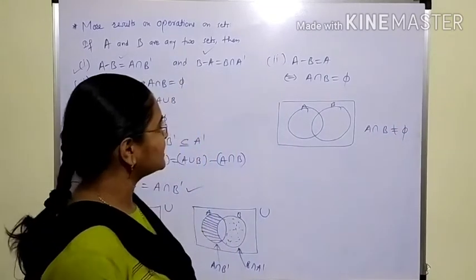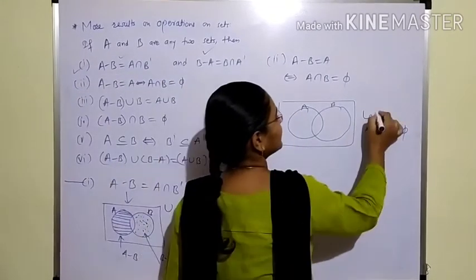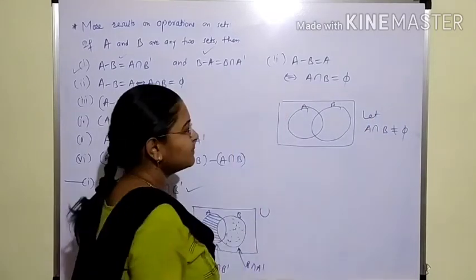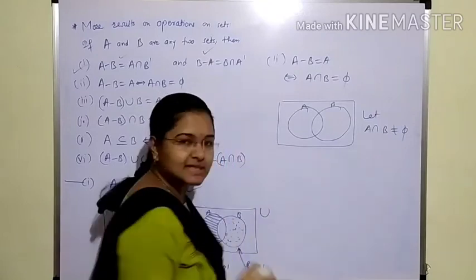Okay, we have considered, let A intersection B be a non-empty set, means A intersection B has some elements.